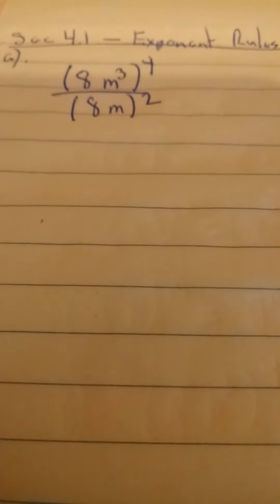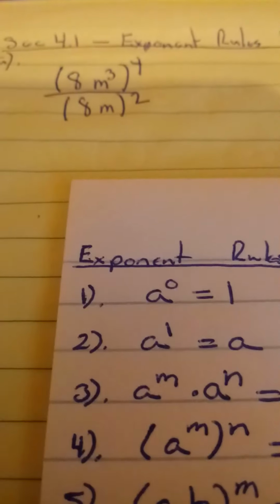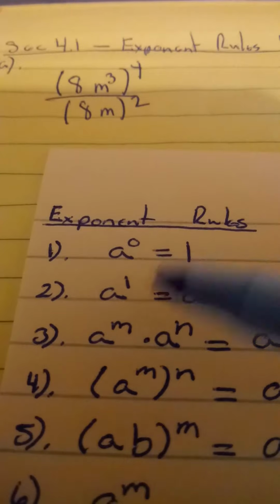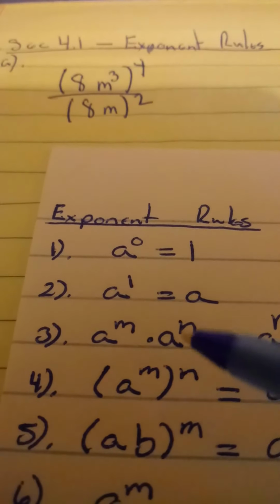So once again, we're going to have to think about this one. We're going to have to take a look at those exponent rules that we talked about right there. Well, you pretty much know that these two do not apply yet. Same thing with this.